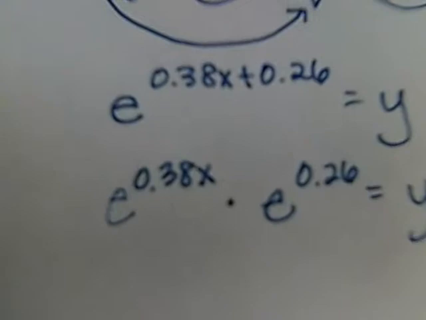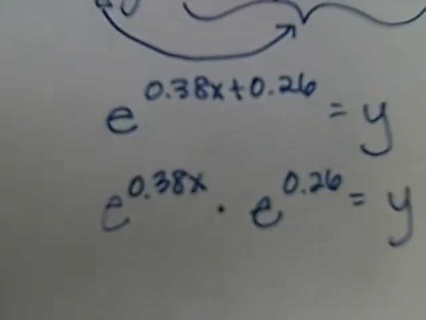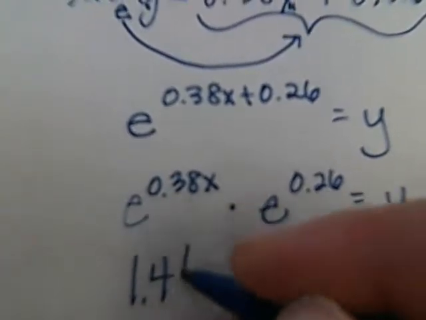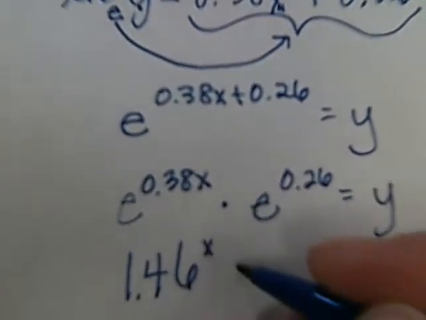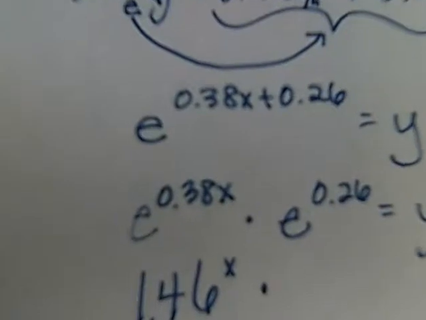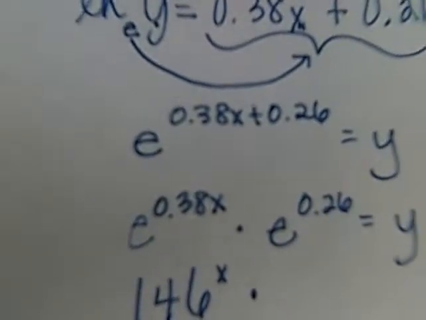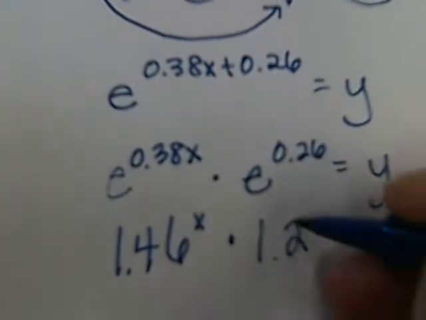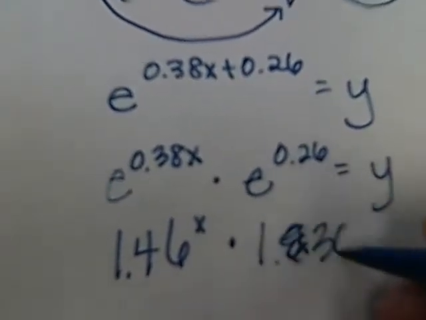Now let's clean those up. If I do e to the 0.38, I get 1.46 to the x, and e to the 0.26 is 1.29, almost. We better round that to 1.30.